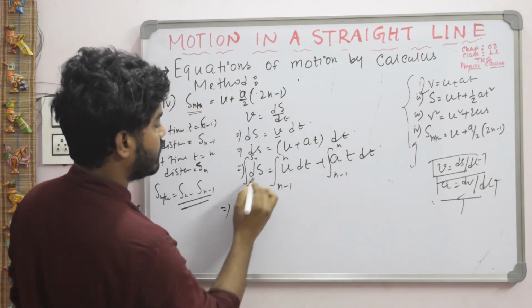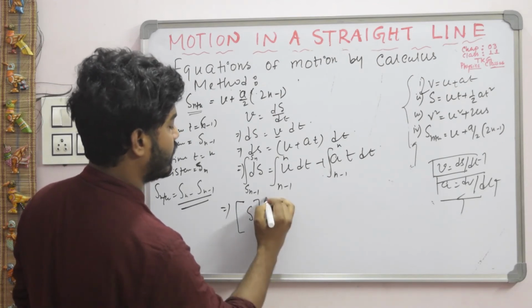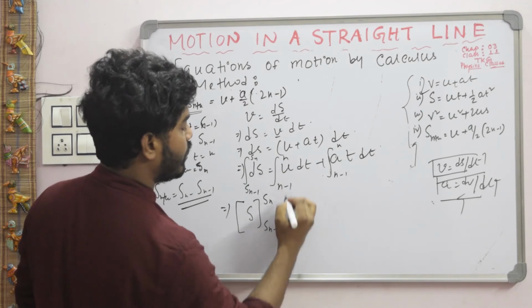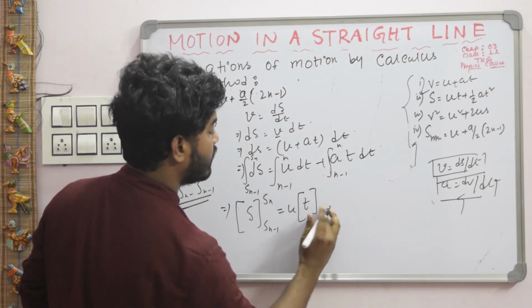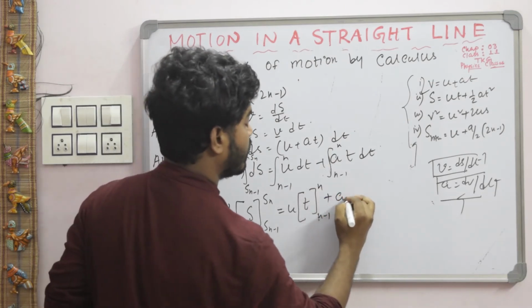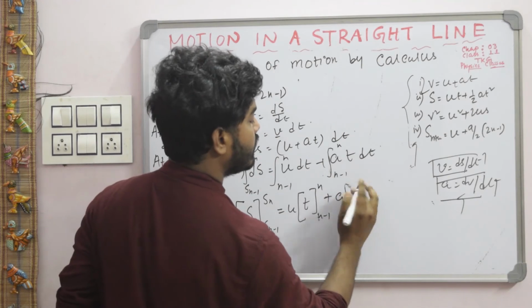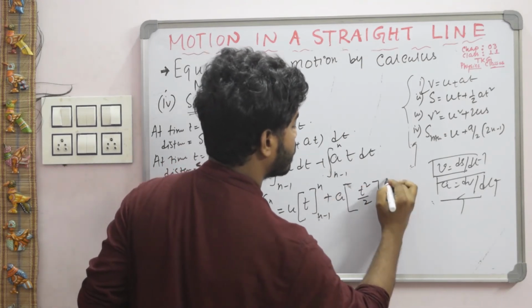Now integrate ds, integration of ds is s, so s n minus 1 to s n. Here u is constant, integration of dt is t, n minus 1 to n. Here a outside, t into dt is t square by 2, and the limit is n minus 1 to n.